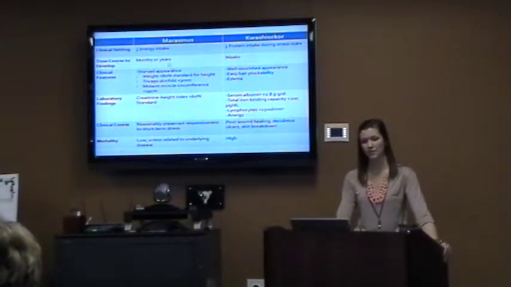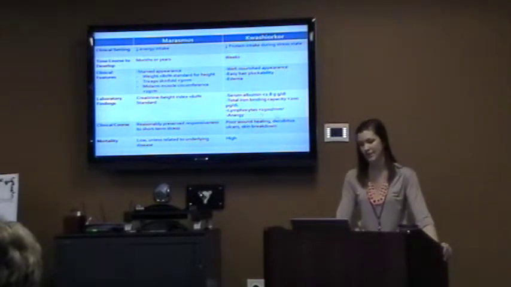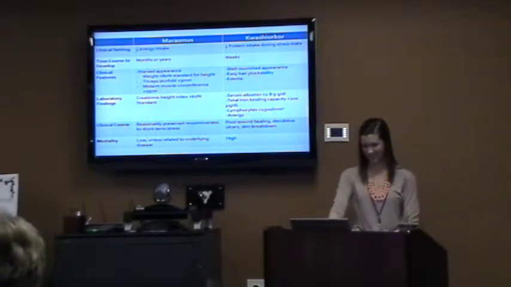Marasmus takes a while to develop, while kwashiorkor is just a couple weeks. Different symptoms and clinical features, different lab findings, and the mortality rate is a little bit different. And I have a slightly alarming picture next, so if you're sensitive, just don't look. I just wanted to bring it up.